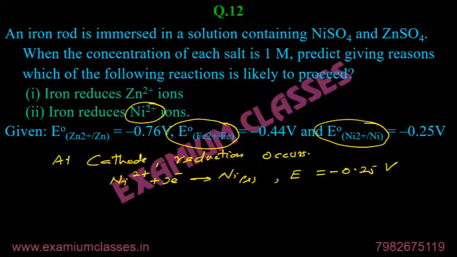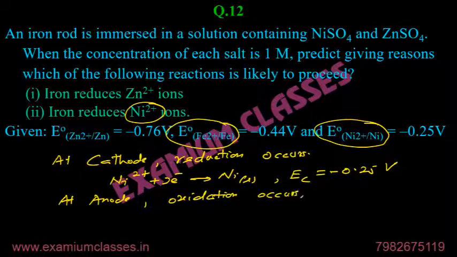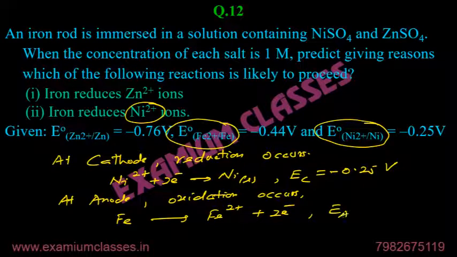So E cathode is given. At anode, oxidation occurs. Because iron is reducing nickel ions, it means iron will get oxidized, and it is given minus 0.44 volt. Now calculate E cathode minus E anode.